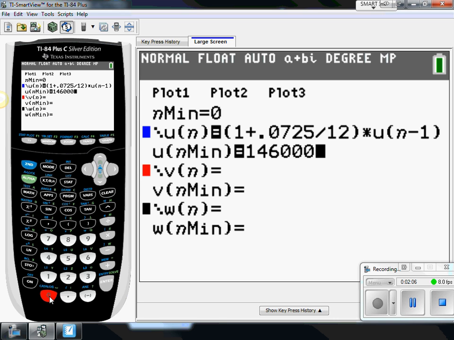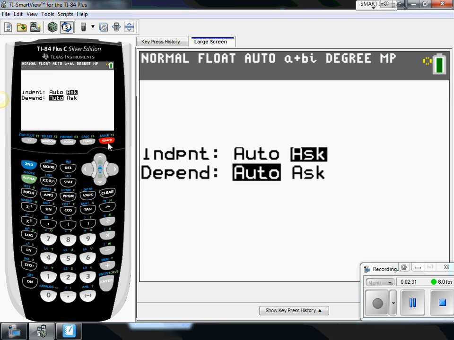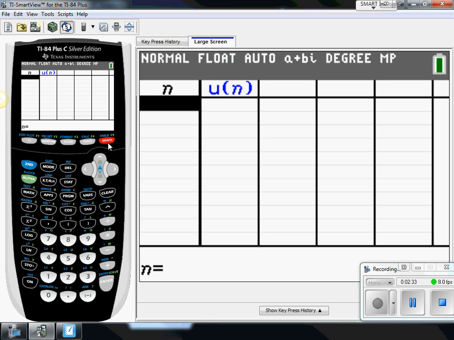What we'll do next is we will go to the second window screen. That's your table setup. And the table start and the table change, that doesn't really matter. You just want to go down here and change this to ask. Okay, so we're going to use the calculator's table. We're going to put the independent variable on ask so that we can go to the table and we can see what the balance of this loan will be after 0 months.